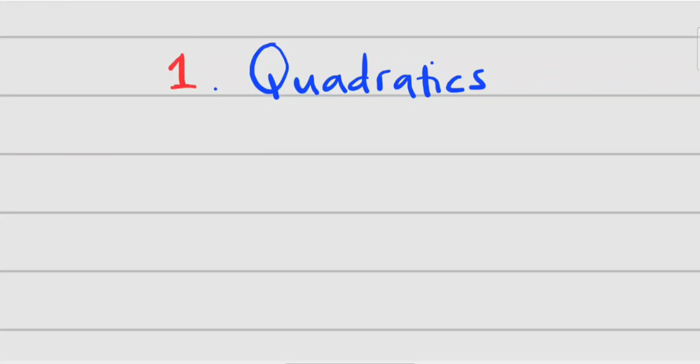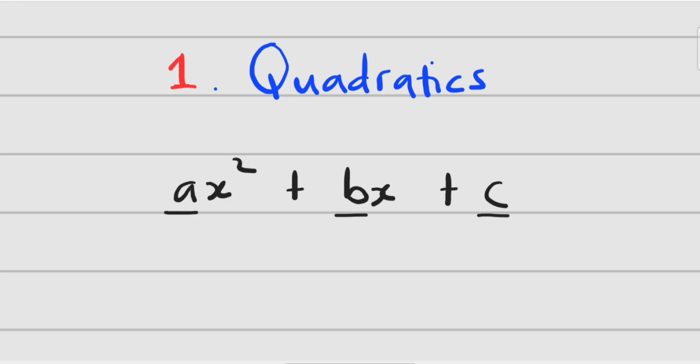So quadratics are usually in the form ax squared plus bx plus c, where we have a, b, and c as constants, or as just numbers, right?